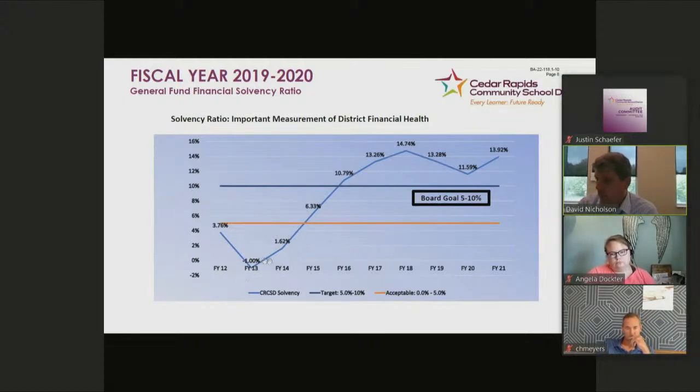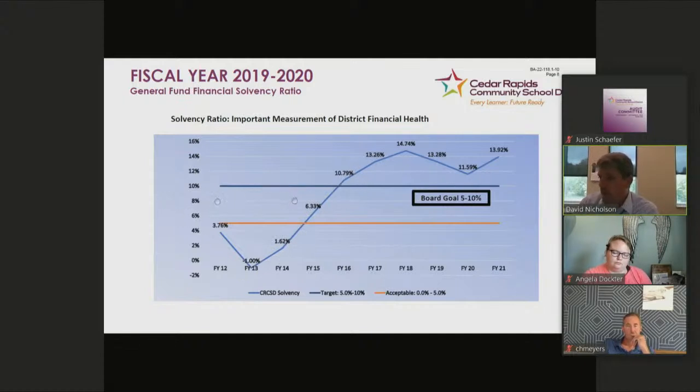We finally went up, got back into positive, and when you get too far negative, you have to do workout plans with the school budget review committee and say how you can get out of that negative position. And so the district has done a great job in getting out and then being above.